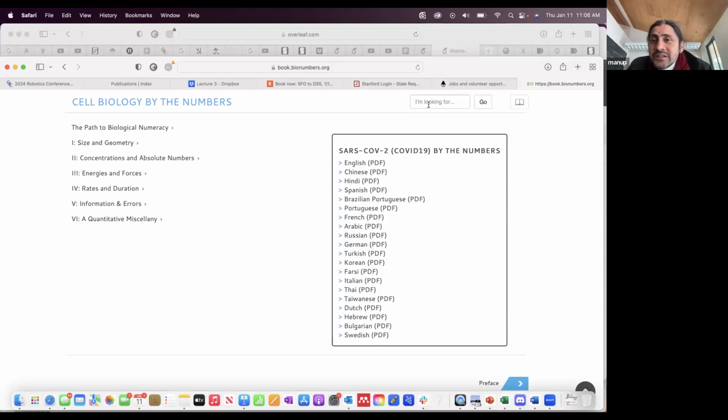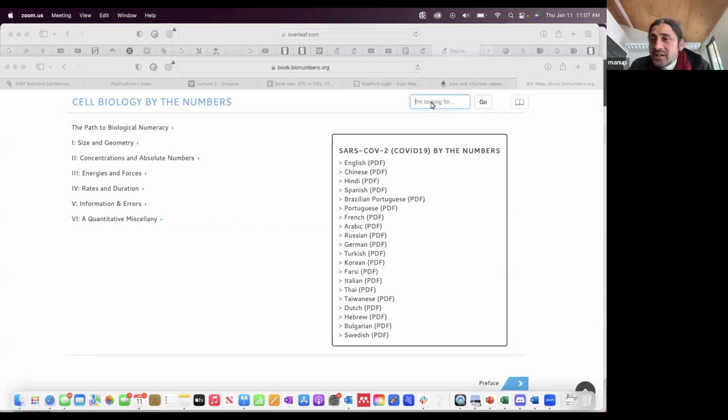There is a little search bar here, and it says go, and anybody want to say what I should type in that search bar? I just want us to see. This is a database that's really around cell biology, but I'm just curious, let's type in anything we want. For example, let's see if we can type how big is a COVID virus.